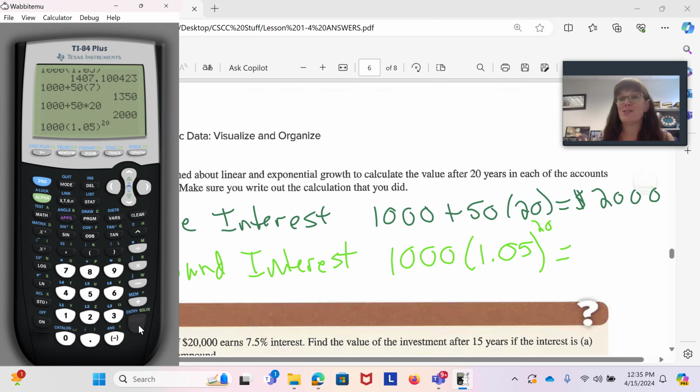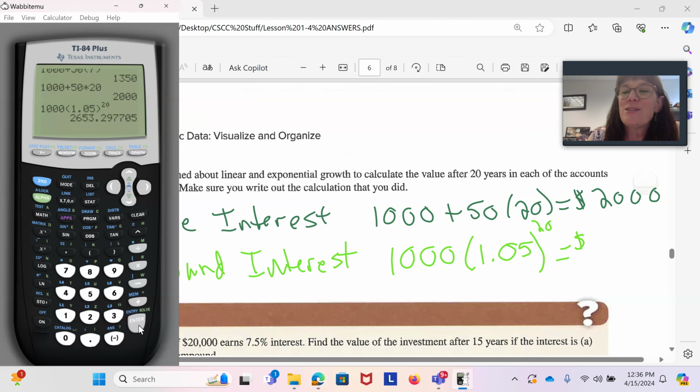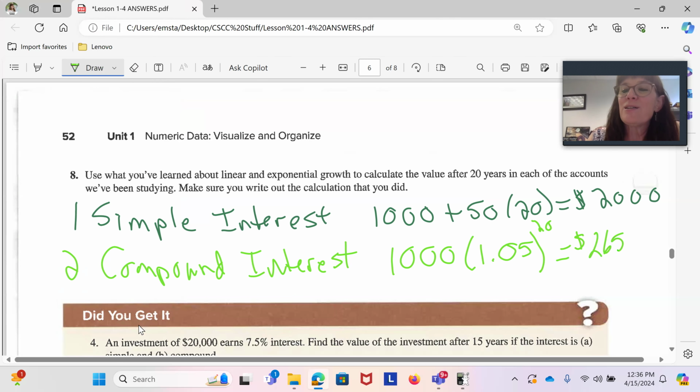And then we hit enter, and it's going to do the work for us. So in my compound interest account, I will have $2,653, and then we're going to round that. The 7 tells the 9 to round up, so it's going to be $2,653, and when we round correctly, it's going to be 30 cents.